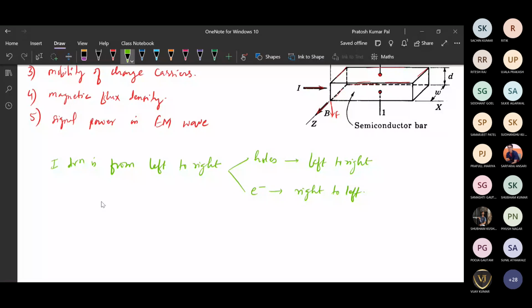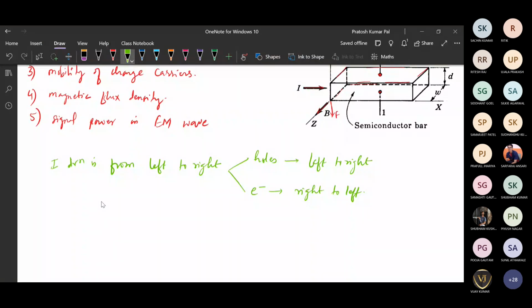This specimen has holes as well as electrons, but the current is flowing because of the electrons, so all the electrons will go to surface 1 because of the force induced on the charge carriers basically.